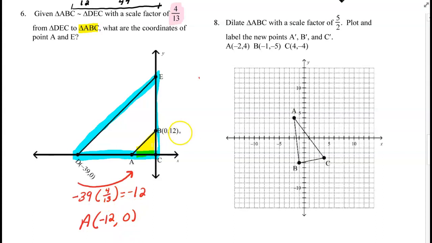In contrast, from point B to point E, we're getting bigger. So when we talked about scale factor, the scale factor must be larger than 1. So for point E, I'm going to take the 12, and instead of multiplying by 4 over 13, which is smaller than 1, I'm going to take the reciprocal and multiply by 13 over 4.